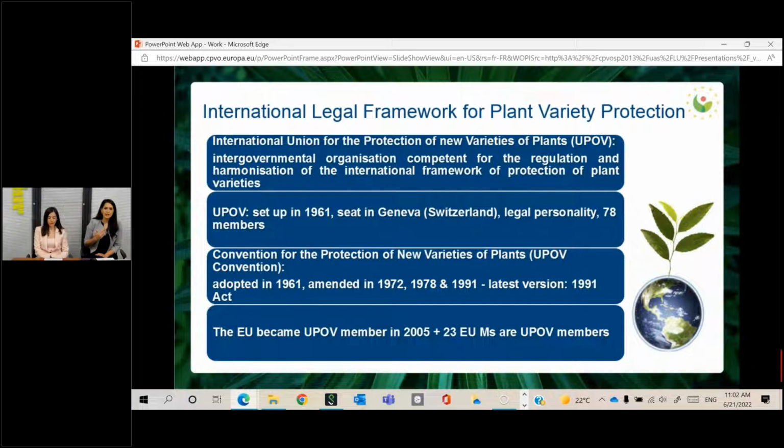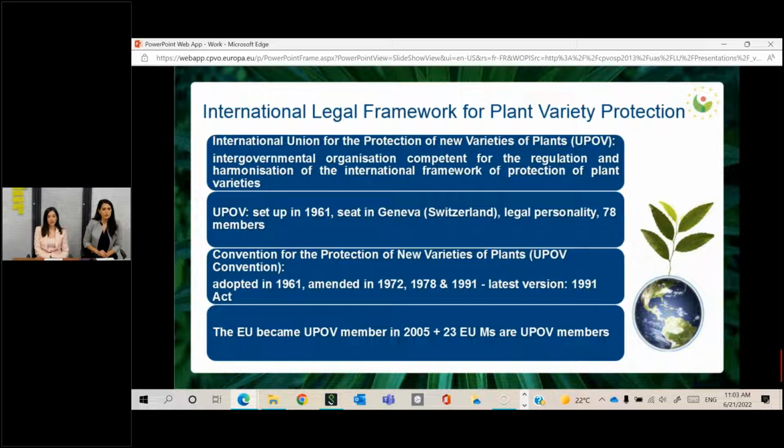Well, we were members of the so-called UPOV Convention. The UPOV Convention, like the Madrid system and the Hague system, is an international convention that establishes the basics of the plant variety rights system around the world. The European Union became a member of the UPOV Convention in 2005.